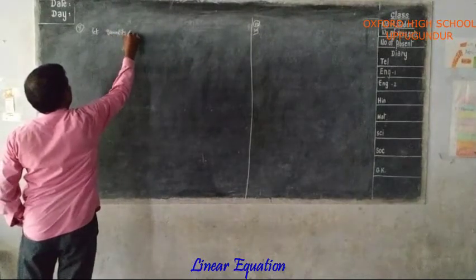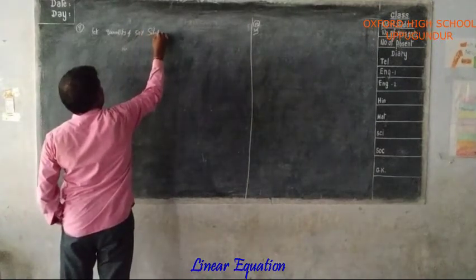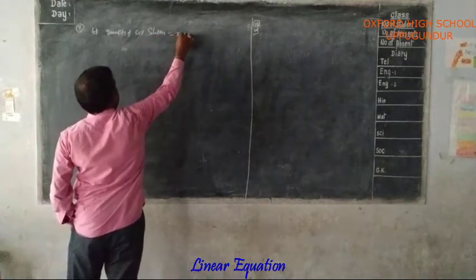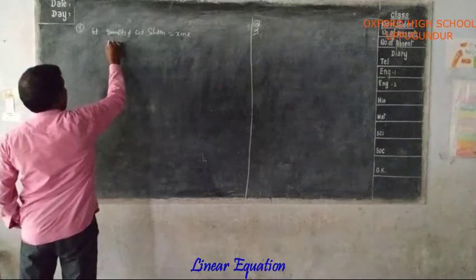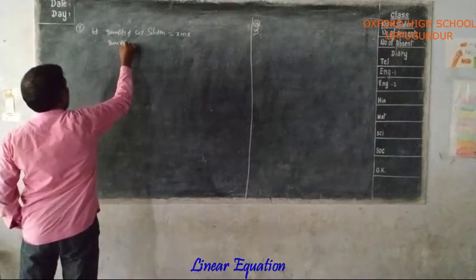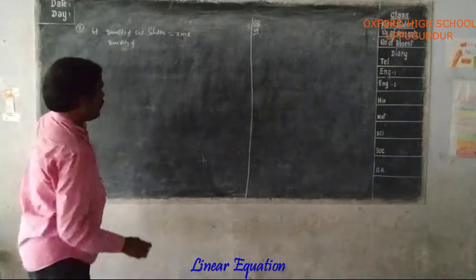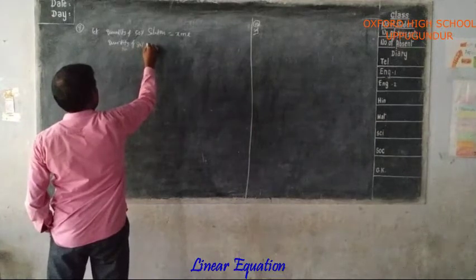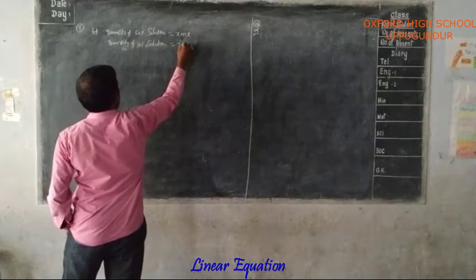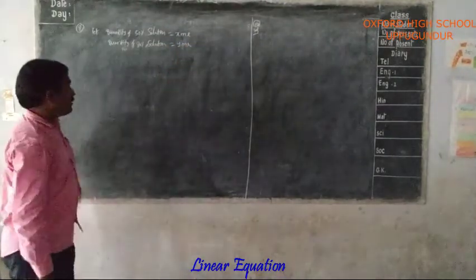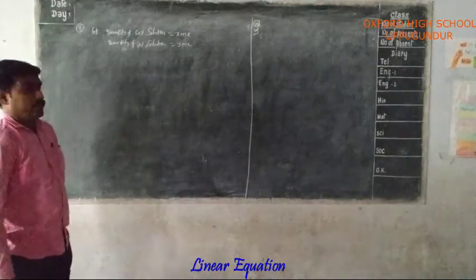Quantity of 50% solution equal to x, and quantity of 80% solution equal to y. So by adding these two, how much solution do you have to get? 100 ml quantity you have to get.